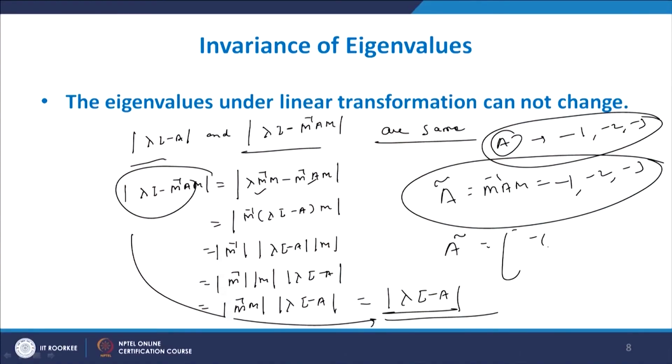You will find that in the new matrix there is a certain type of decoupling effect that you can easily observe. The details of this we will see later, but here we have shown that by doing transformations the eigenvalues cannot change. We have the original matrix A and get another matrix A bar with the same eigenvalues; the only thing is that we have to do some more calculations.